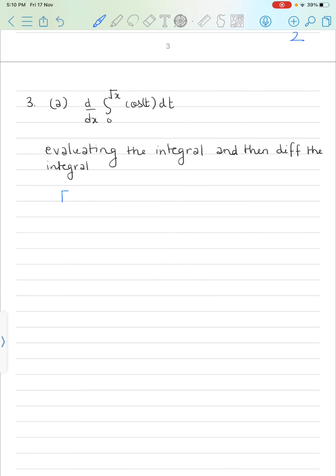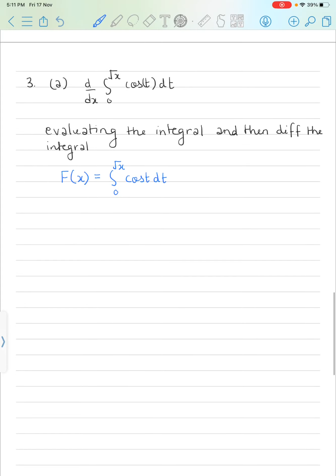Let us write f of x as the integral from 0 to root x of cos t dt. Cos t is always continuous on the real line, so we can use the fundamental theorem of calculus.